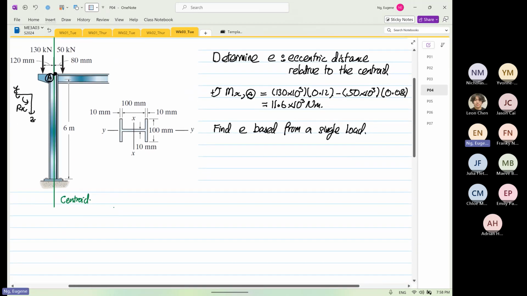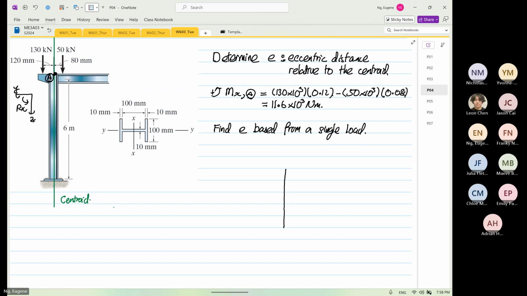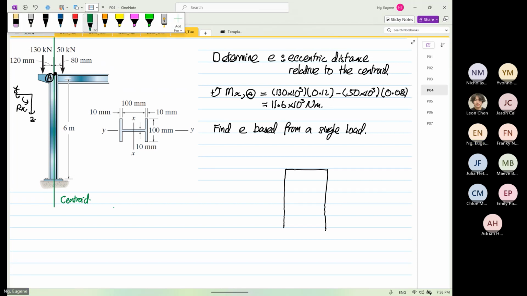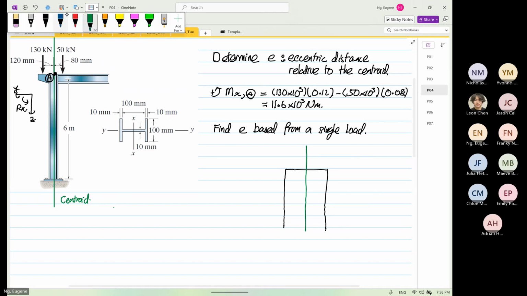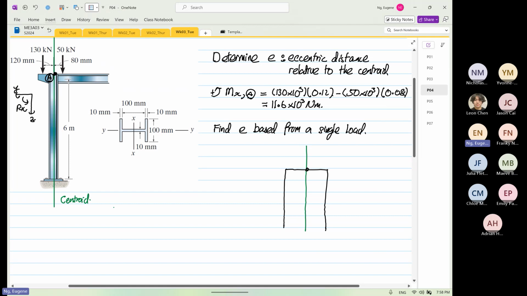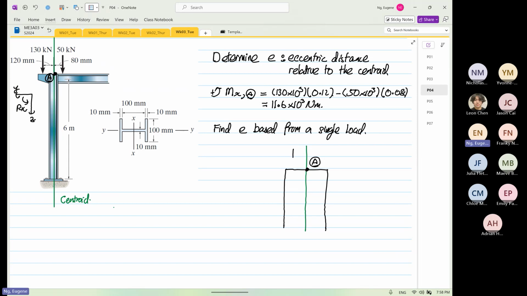Now if I sketch where point A is, so this is at point A. And then we have our centroid. And we know that there's a load coming down over here.